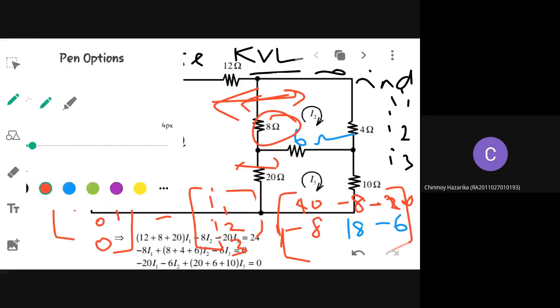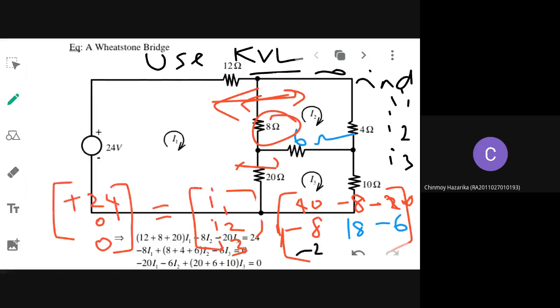Then R32 is minus 6, and R33 is 10 and 20 and 6, that is 36. Everyone has written this matrix. All is correct. Come on, others also in class.